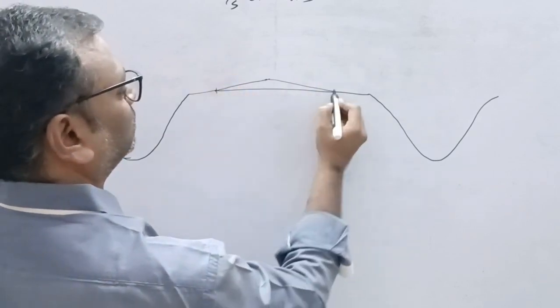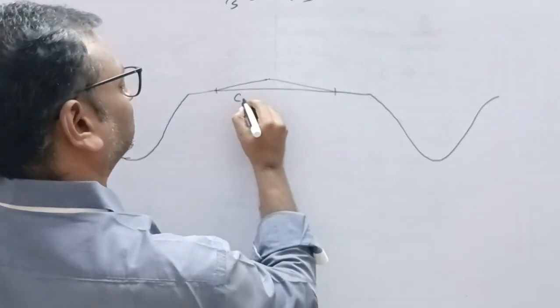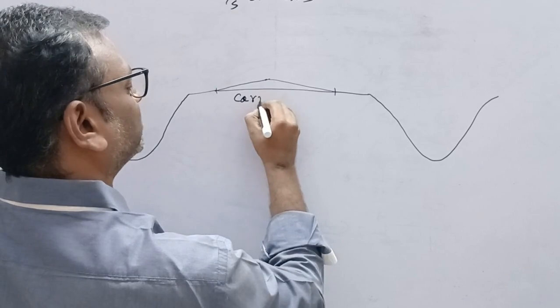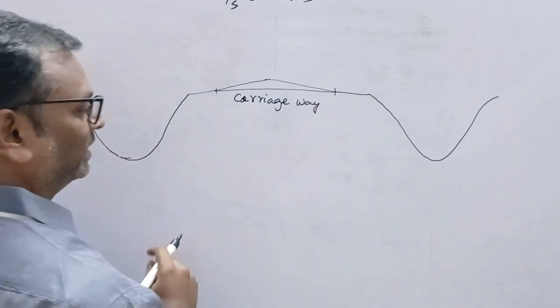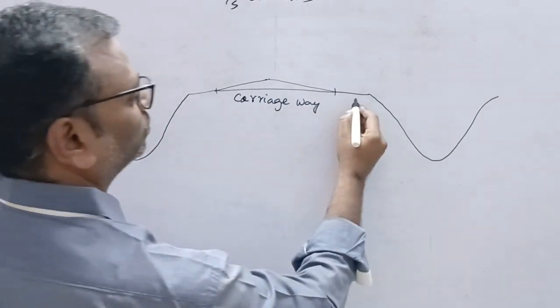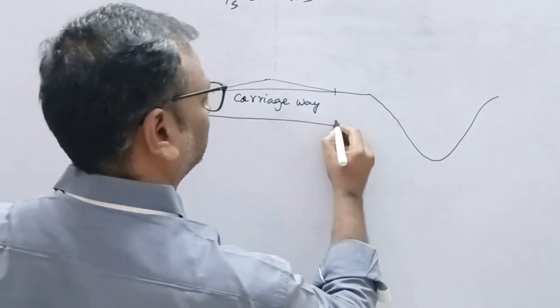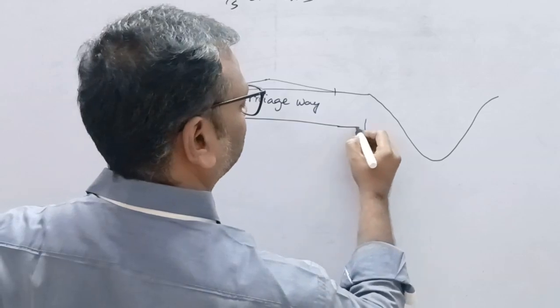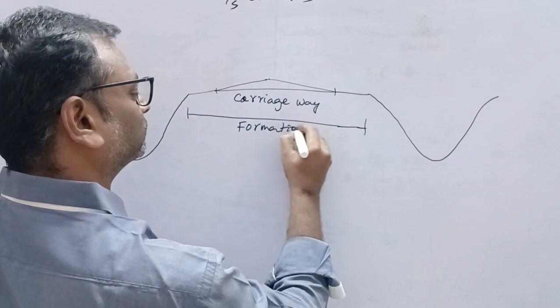From here to here, the actual width of the pavement is called carriageway. Width of carriageway, and these two, we have discussed, these two are shoulders, and here to here we call it formation width.